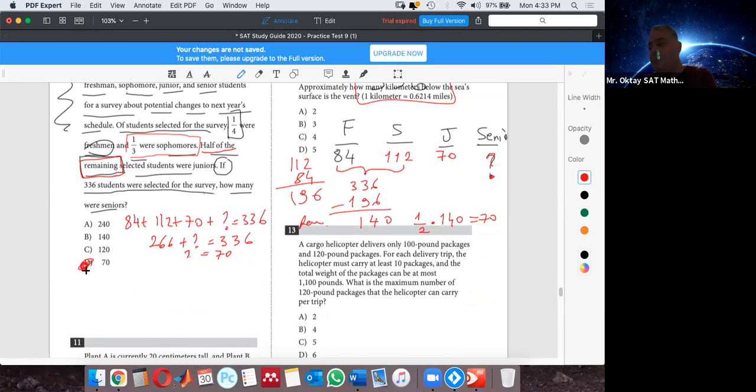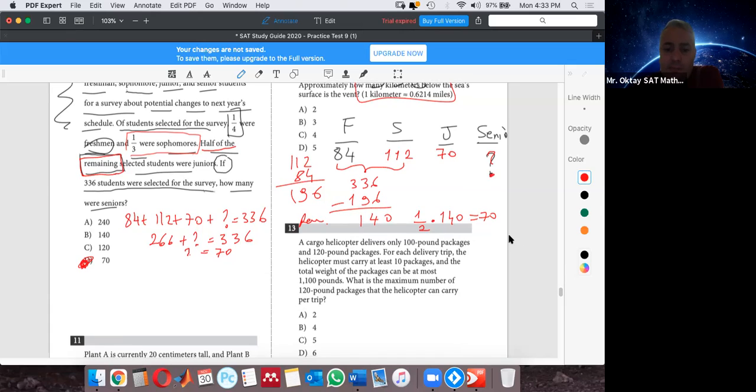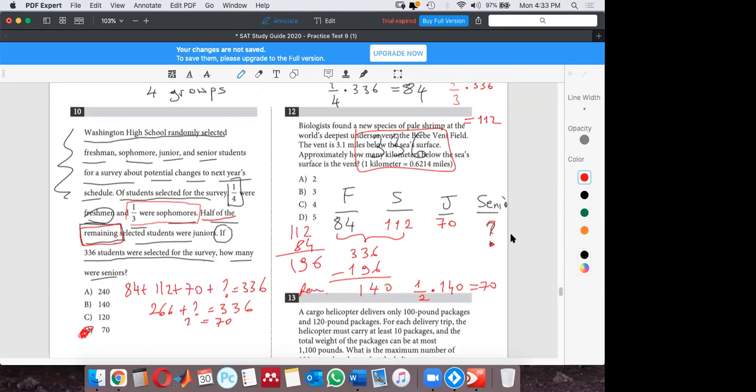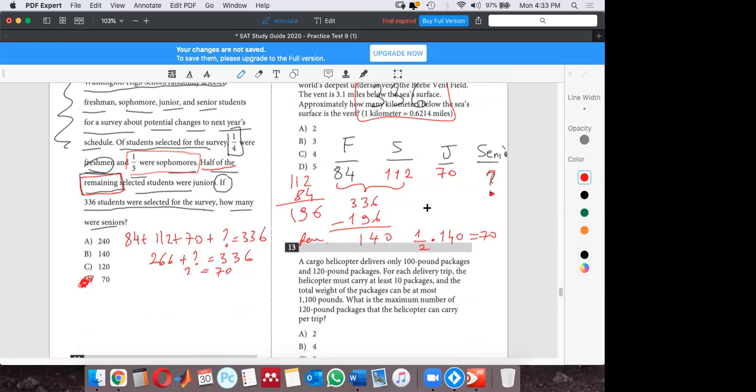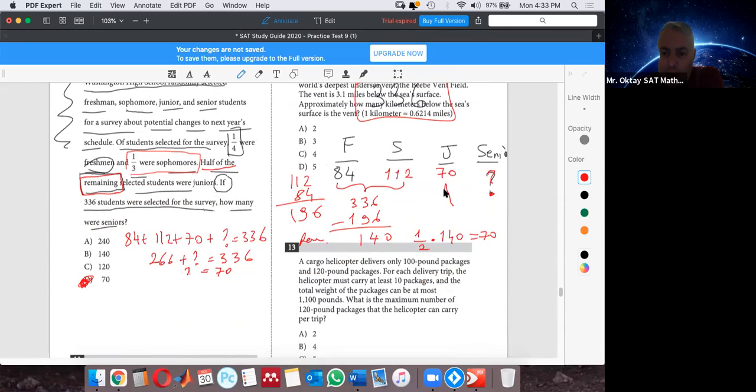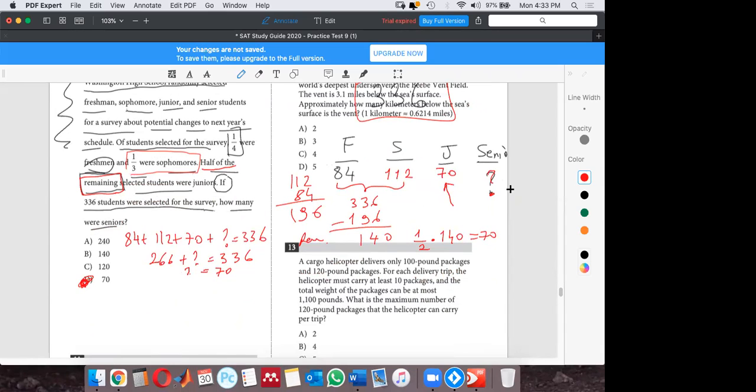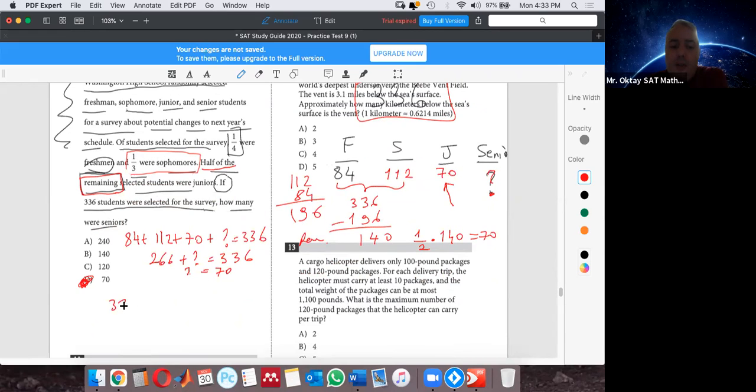Anything to ask me? Is it clear, boys, girls, everybody? Mister, can you re-explain the last step? Is 70 okay or not? Okay. So how many students are there in the survey? 336. So I know that 84 for the first group, 112 for the second group, 70 for the third group.